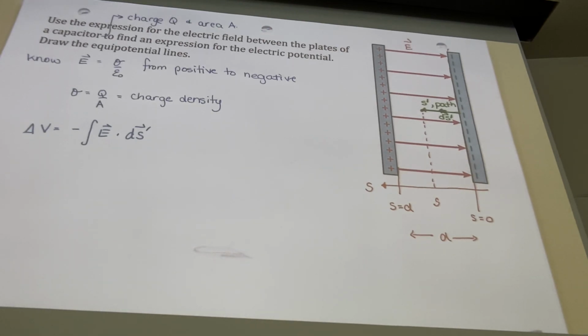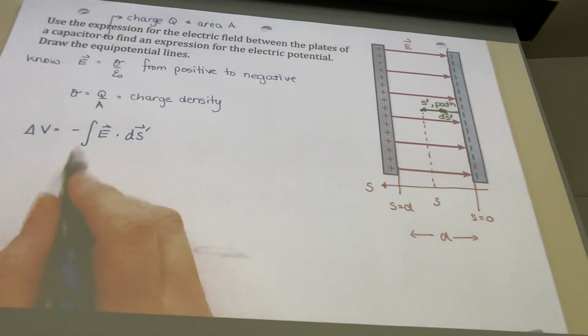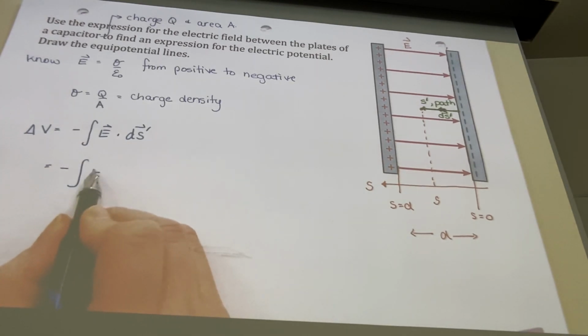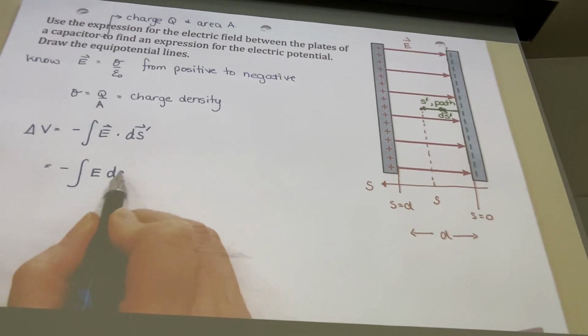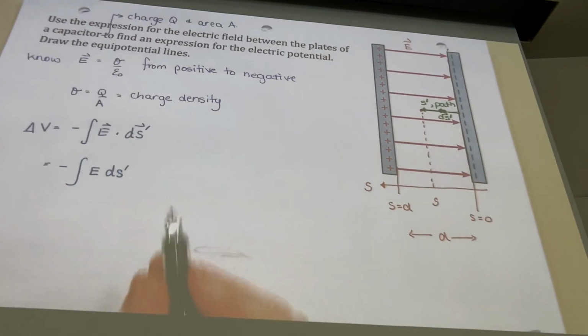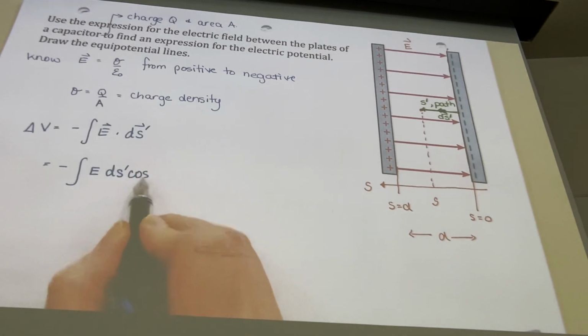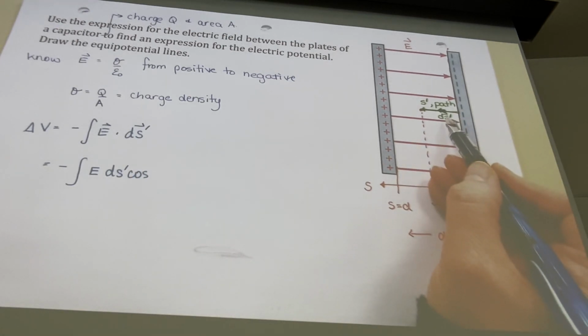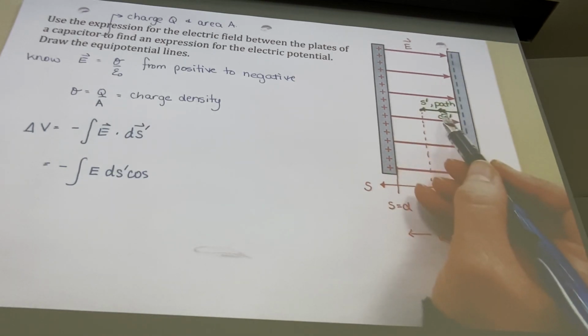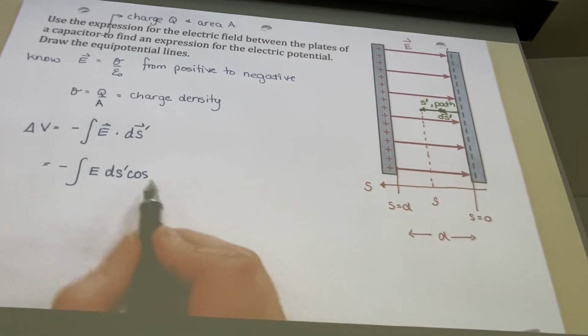In my integral, I'm going to deal with the scalar product first. Negative the integral of the magnitude of the electric field times the magnitude of the size of that element of the path, ds prime, times the cosine of the angle between them. My element of path is to the left, my electric field is to the right, so the angle between those two things is 180 degrees.